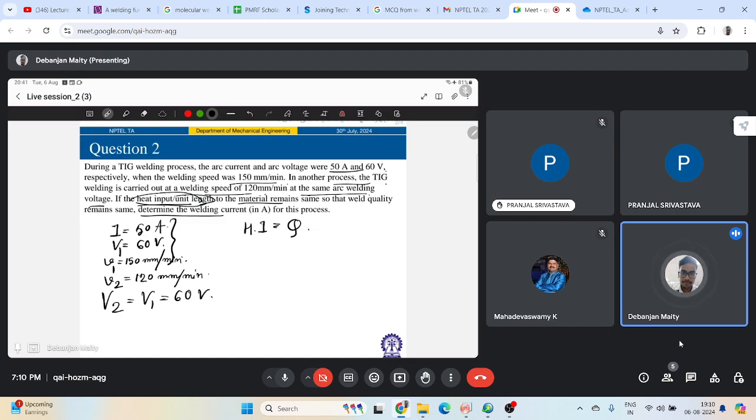In an arc welding process, you have voltage, you have current, so this is in watt, right? So my Q would be in terms of joule per second. Now if I want to get the idea of my heat input per unit length, how can I get it?